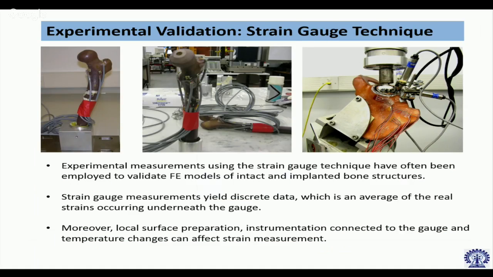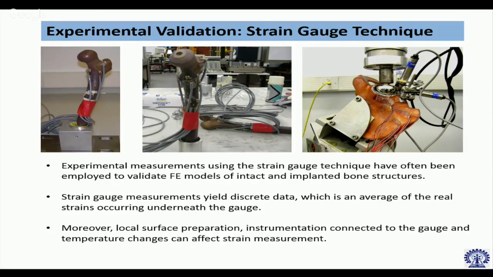Now, there have been several methods for experimental validation, but one of the major methods is the age-old, robust strain gauge technique. Everybody in mechanical engineering perhaps knows what a strain gauge is, and I think you have also performed experiments in the lab with strain gauges.